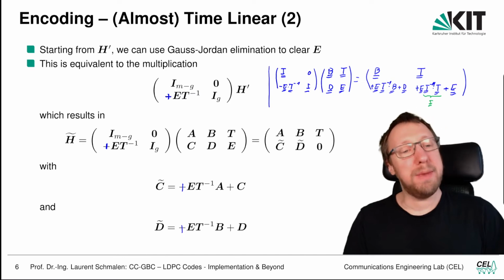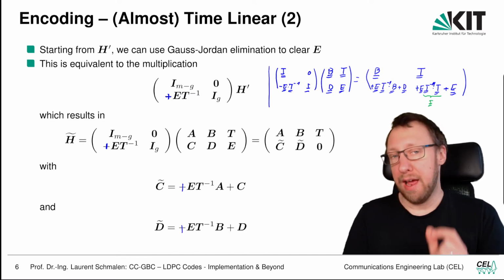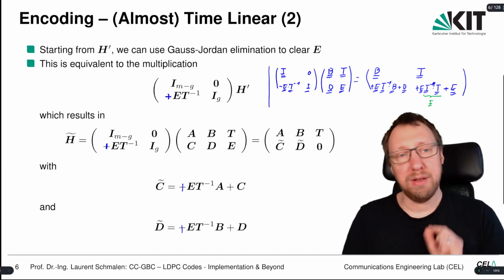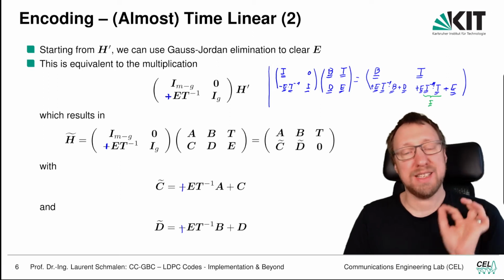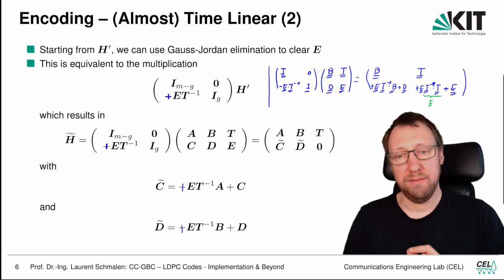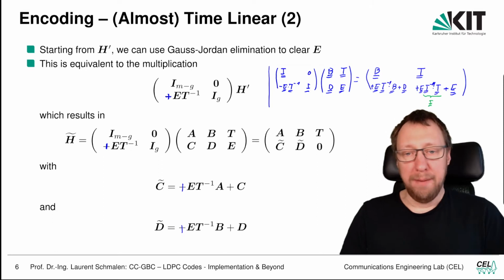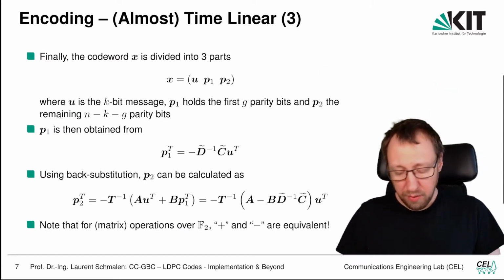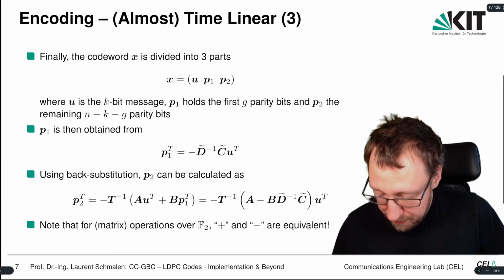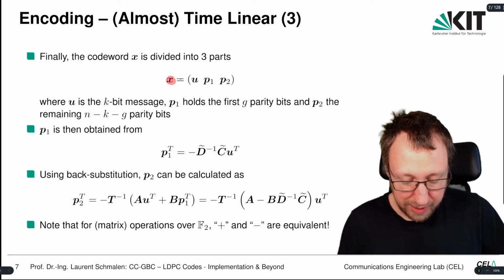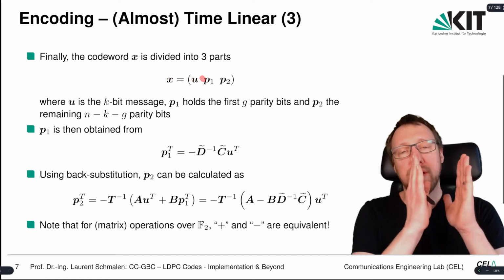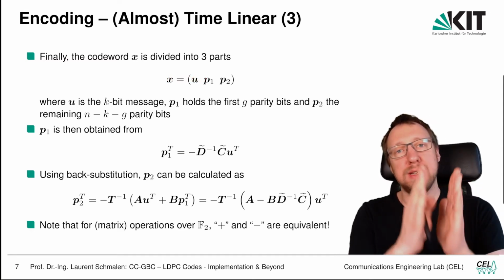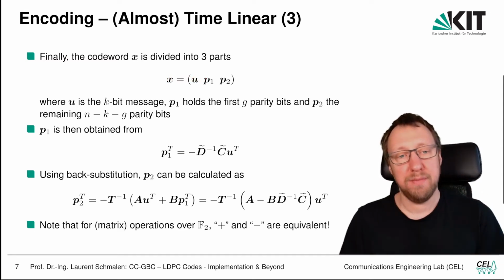Okay, so now we have this matrix H tilde, which is again an equivalent parity check matrix of our code. It describes exactly the same code. Okay, so now how can we do the encoding? So we divide our code word into 3 parts, and each part corresponds to one of those submatrices in H tilde.